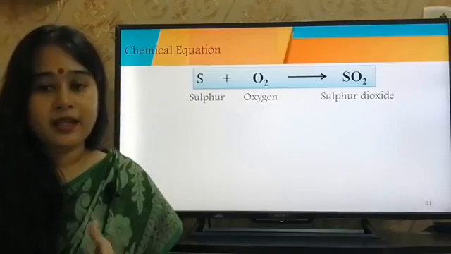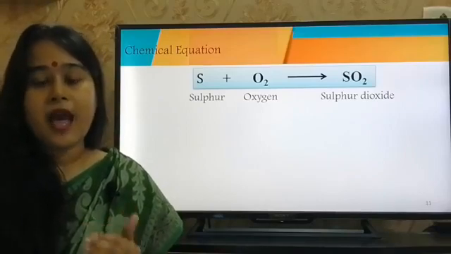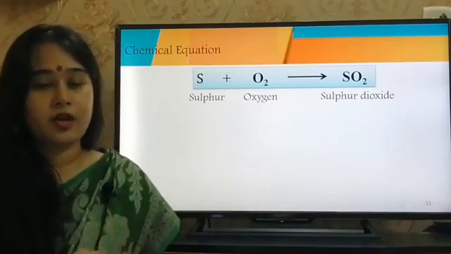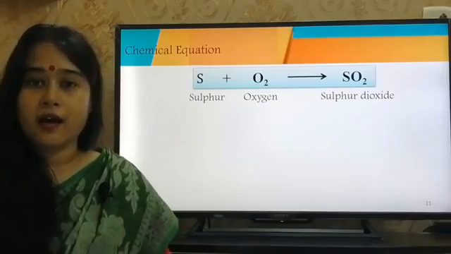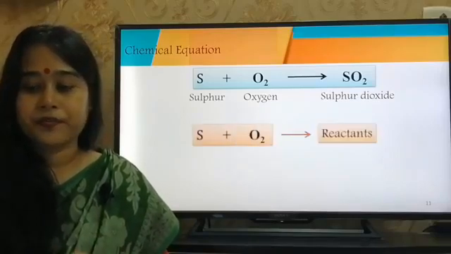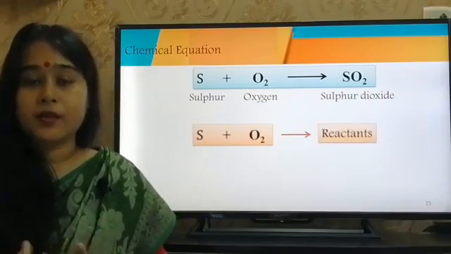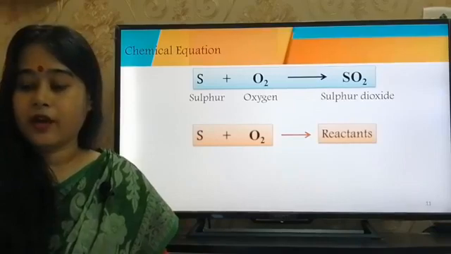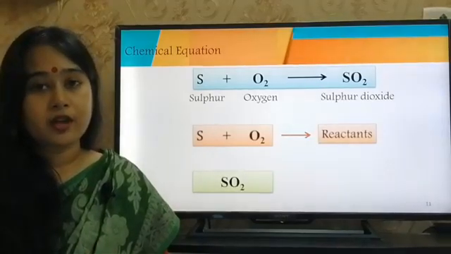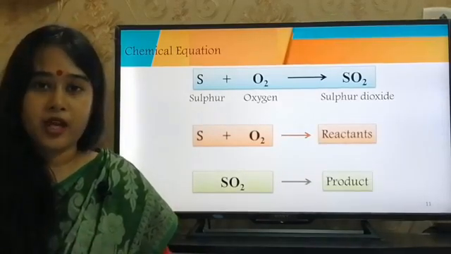So here in this chemical equation we have sulfur and oxygen on the left hand side. That's why these two elements are called reactants. And as a result of this chemical reaction we get sulfur dioxide. So this sulfur dioxide is called product.